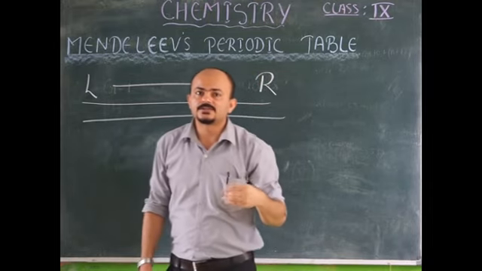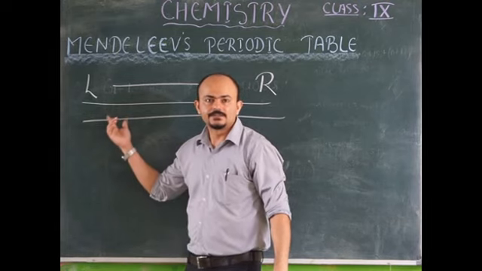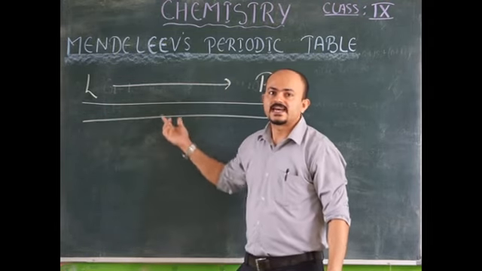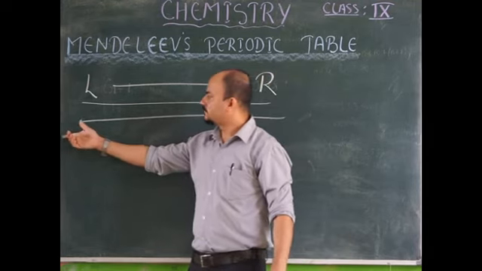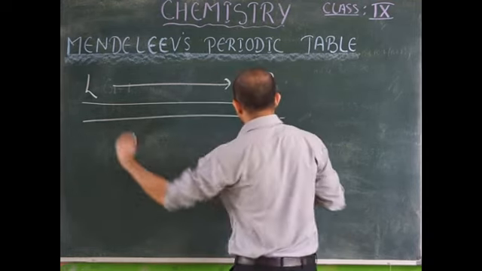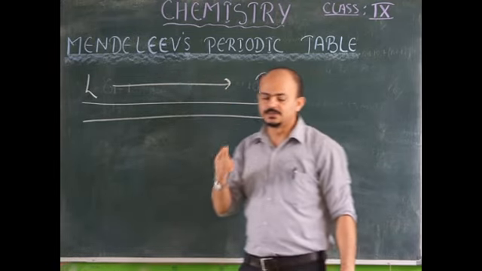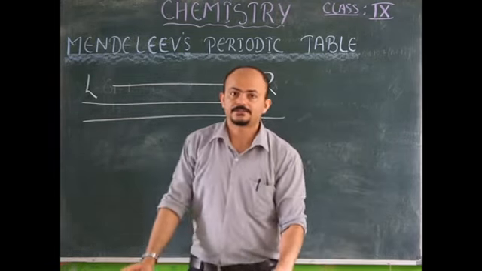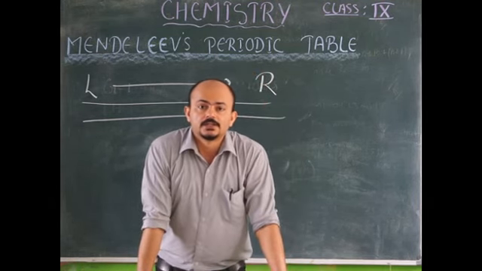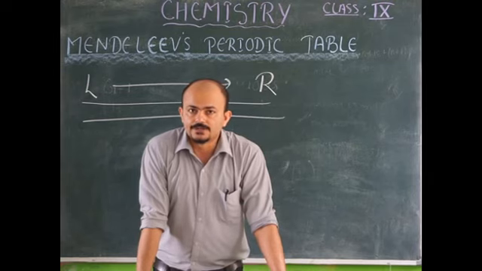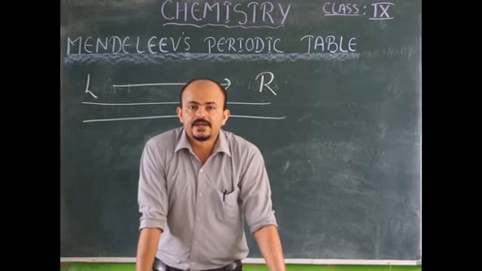The metallic character will decrease and non-metallic character will keep on increasing. So as you move from left to right in a period, he also told that the metallic property will decrease and non-metallic character will increase. These are some of the features of Mendeleev's periodic table.